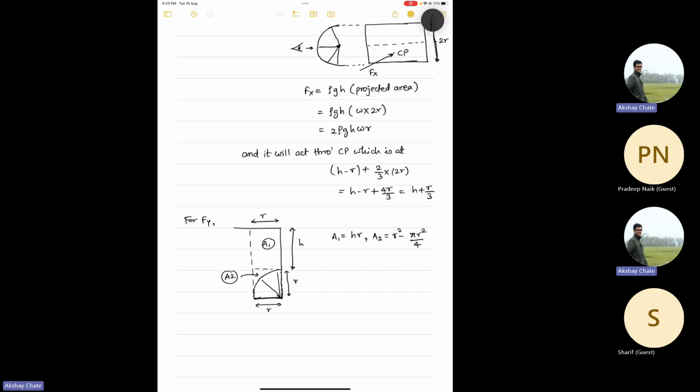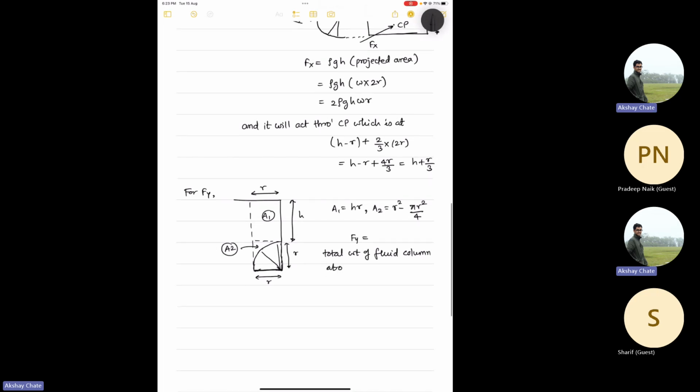this A2 area, and then total weight of fluid column. This is basically Fy. Fy is total weight of fluid column above the gate.